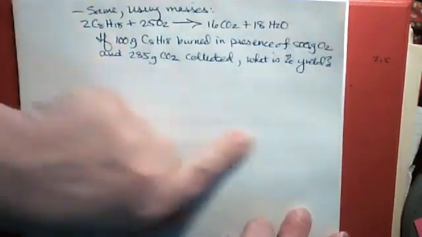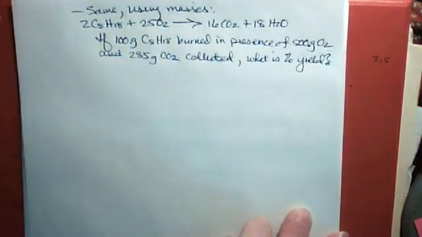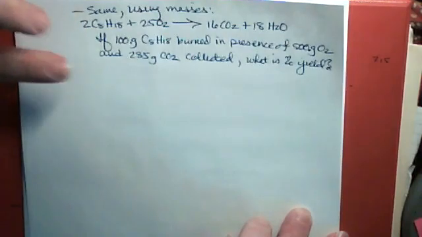And again, in order to find percent yield, you first have to find the limiting reagent and the theoretical yield.